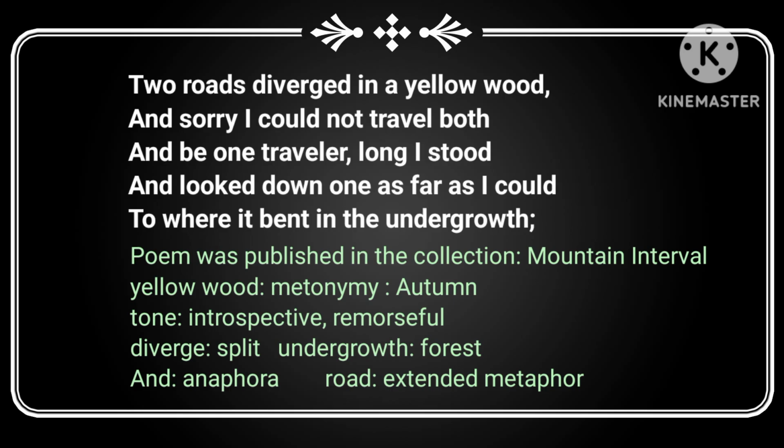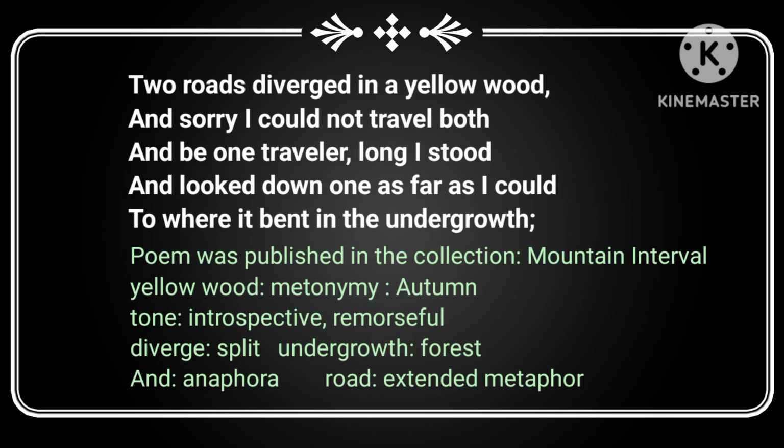What is a metonymy? Metonymy is a figure of speech where a word is substituted for another word having a similar concept. Here, yellow wood suggests autumn. It suggests fall. Therefore, it is a metonymy.